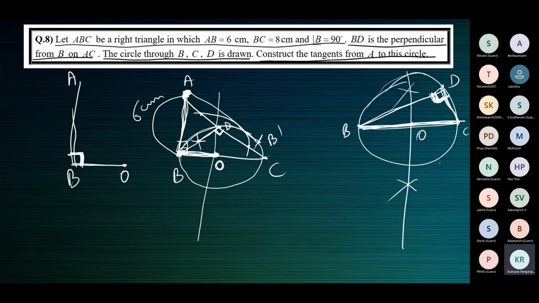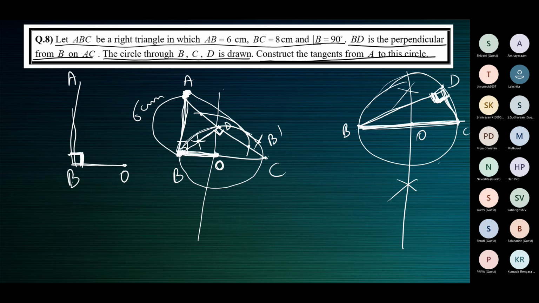AB is the length of one tangent from A, 6 centimeters. The other tangent from A, the external point to the circle: the two tangents from A will be equal in length. One tangent is 6 centimeters, so the other also will be 6 centimeters. So take 6 centimeters in your compass, put your compass tip at A and cut an arc on the circle at B dash. It will cut the circle only at one point like that.